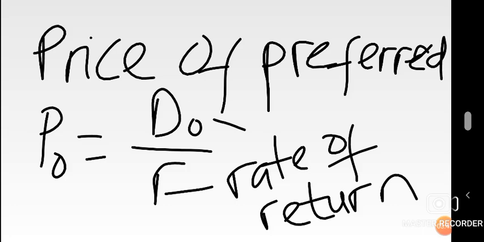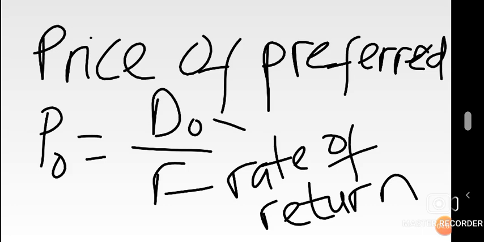So you just look out for D0. A preferred stock which was paying maybe 4 kwacha dividend, that's where you substitute your 4 kwacha in D0. Then they'll tell you the required rate of return on this preferred stock was 14%, something like that.